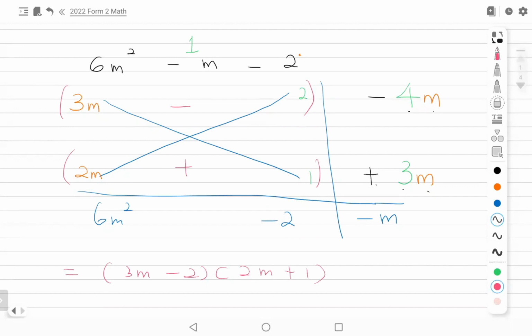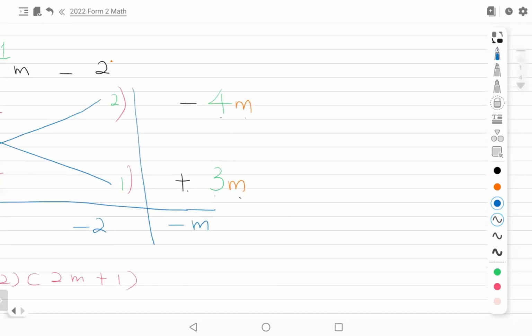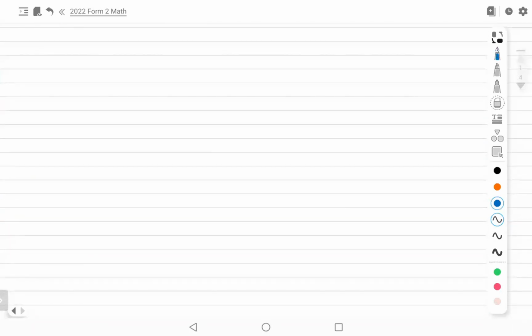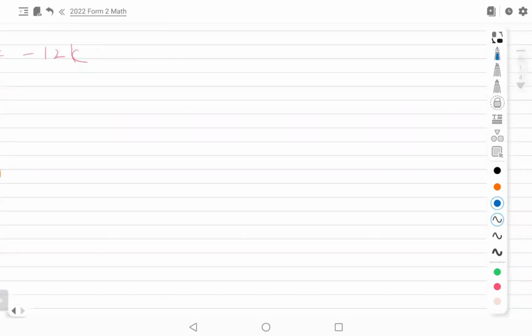Which one? You mean how to insert the symbol, right? Okay, let me just do it at the right side. Actually, that's a technique. If you want to find the outcome negative m, you check your numbers there. One big, one small, right?